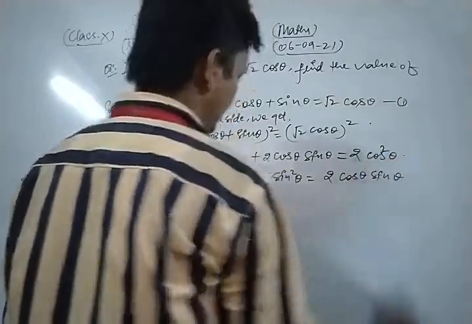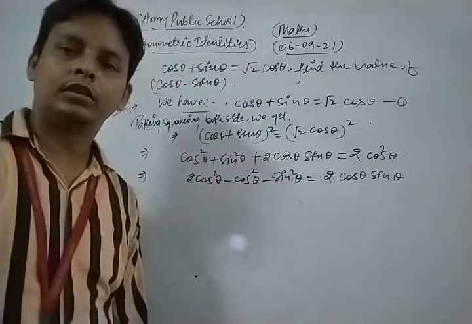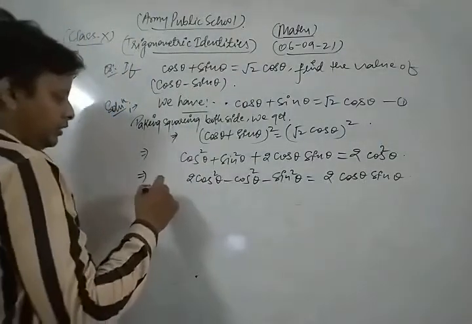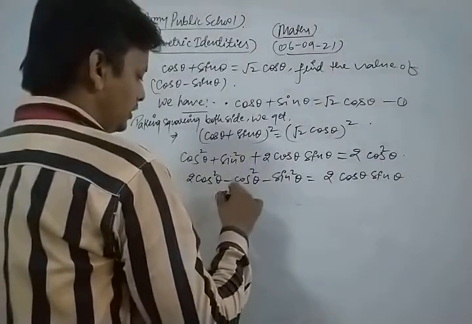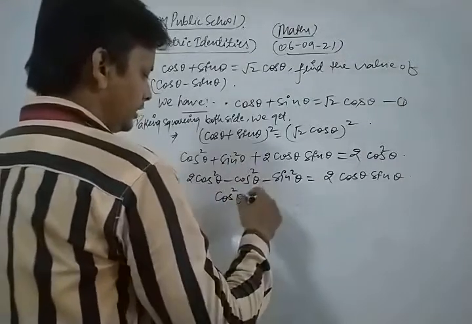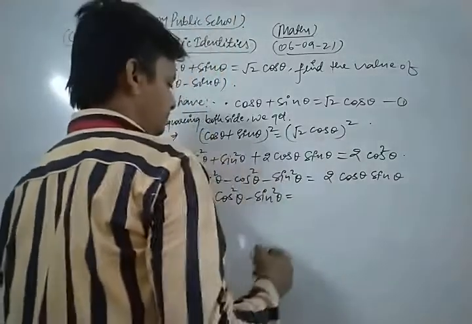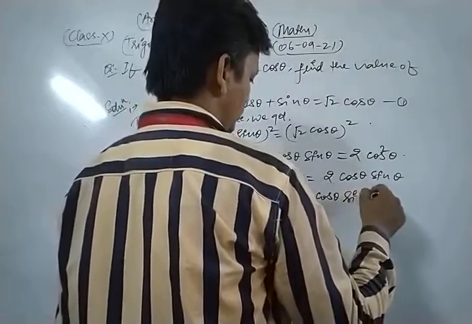Now 2 cos square theta minus cos square theta is 1 cos square theta, minus sin square theta, equal to 2 cos theta into sin theta.